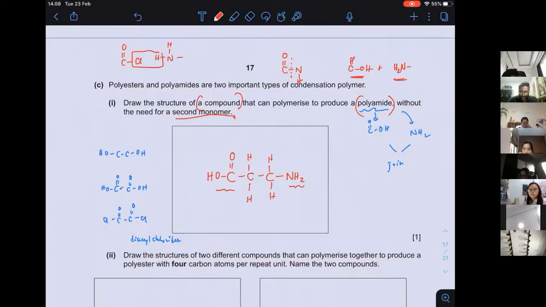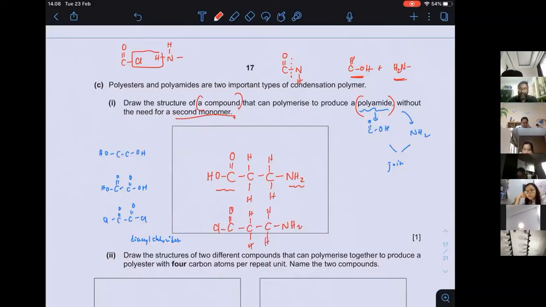So another molecule that you can draw is maybe like this: Cl, C double bond O, Cl, CH, maybe C NH2. That is also possible.